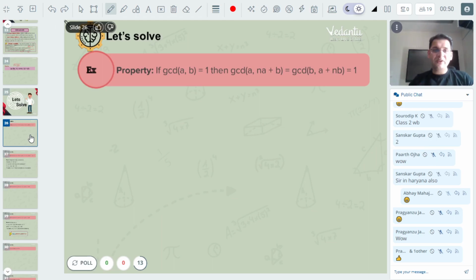For example, the first property is if GCD of A, B is 1, of course A and B are integers, then GCD of A comma B plus NA, or GCD of B comma A plus NB, is always 1.